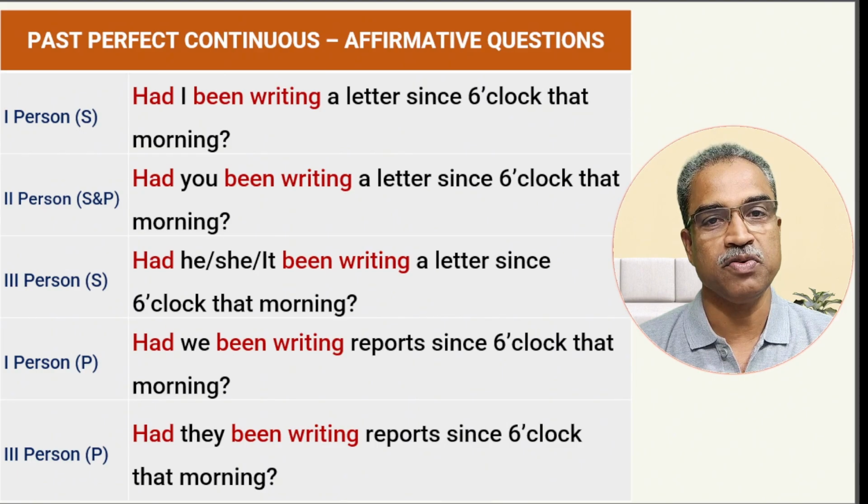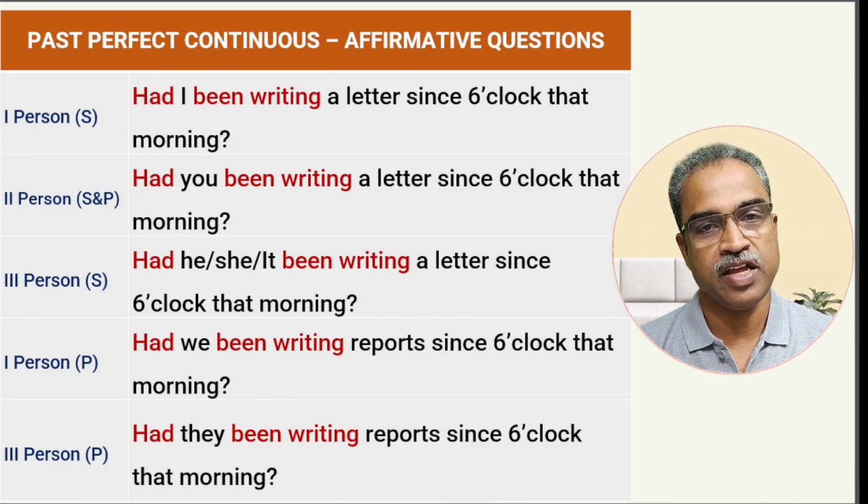This is how we ask questions. The structure is the same, the format is the same, the rule is the same. The auxiliary verb you must put first and then the subject. Let me remind you once again, my dear students, that if you are looking for some information, then please place the question word, the wh-type word, like how, when, which, where, why, what, who, all these words.